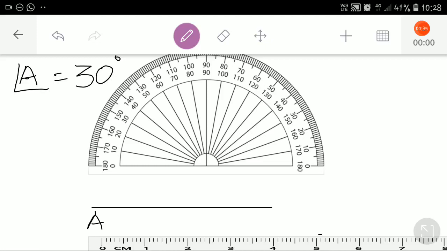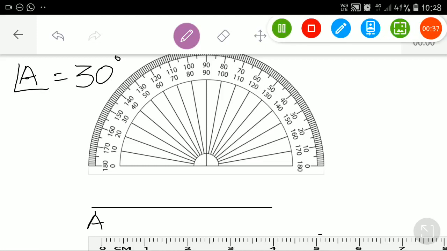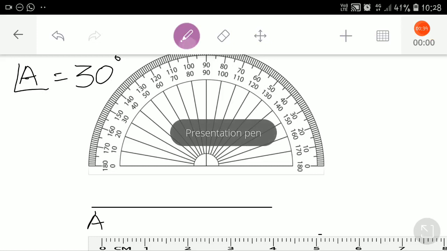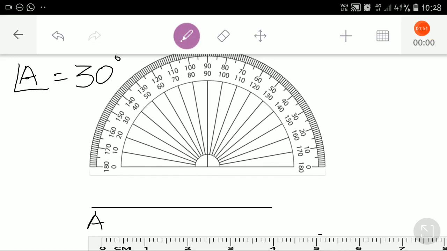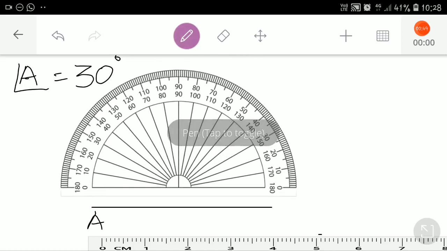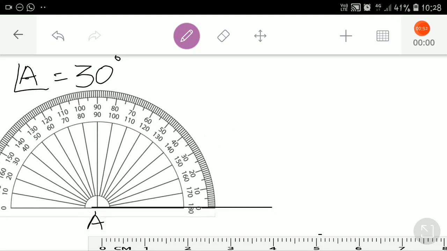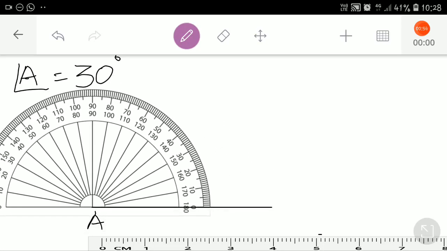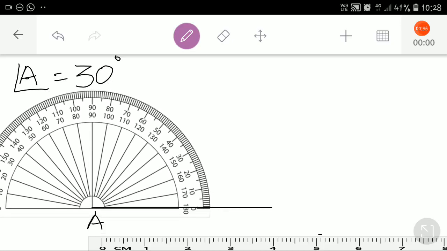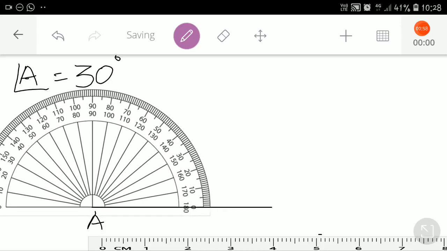I told you this point is called the center, okay. This center should be placed here, exactly at A. Shall we do that? Now I am going to place this exactly on top of A and then I am going to mark 30 degrees.